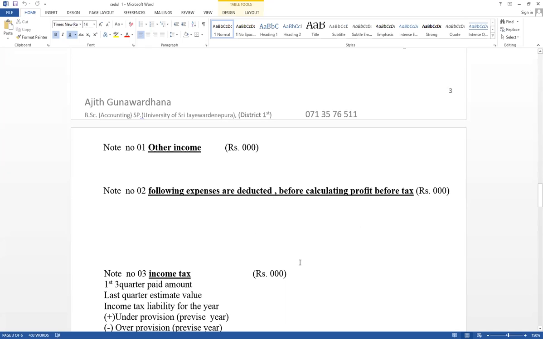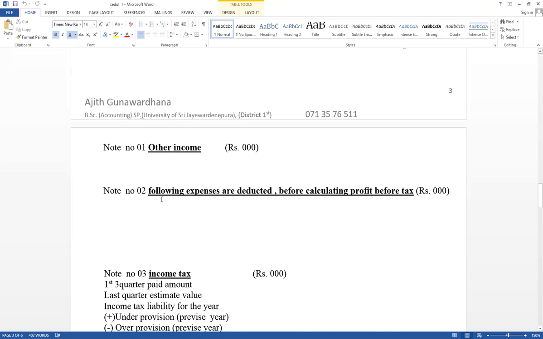No need to calculate the total value here. We just have to disclose important expenses. Example: audit fees, director fees, property, plant and equipment depreciation, stock written off, loan interest, like that important expenses. And employee related expense. Employee related expense means salary, EPF expense and ETF expense.